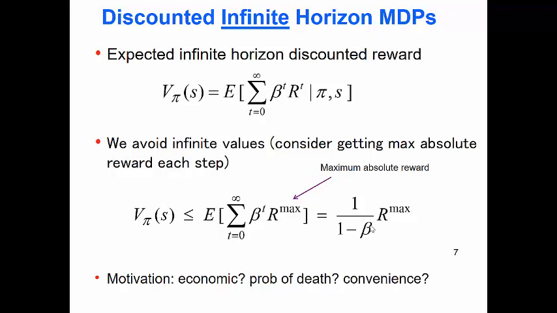So a probability of death close to 0 has that property. And likewise, 1 minus the probability of death, which we said is the discount factor, is close to 1. And so when a discount factor is close to 1, that means it also cares more about the future.